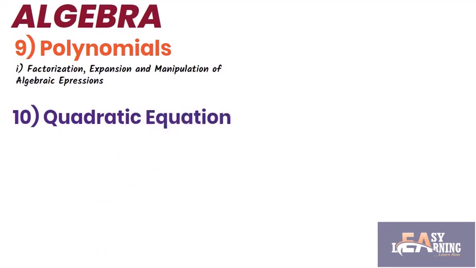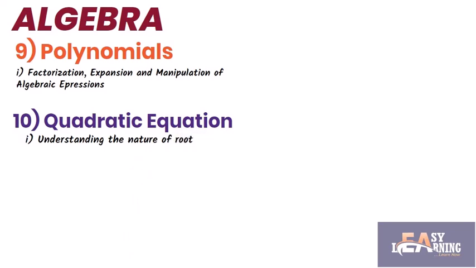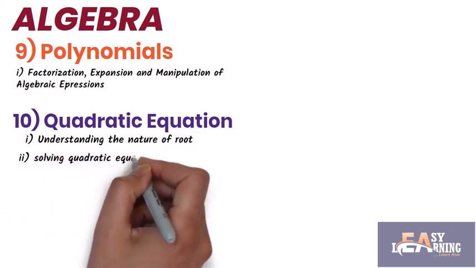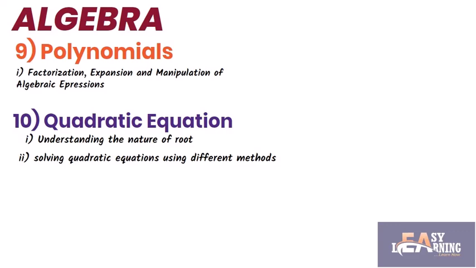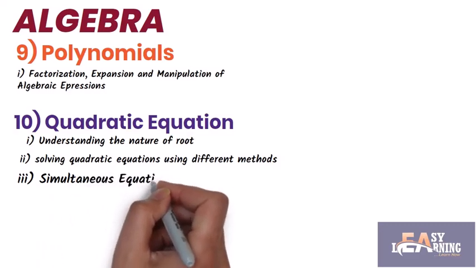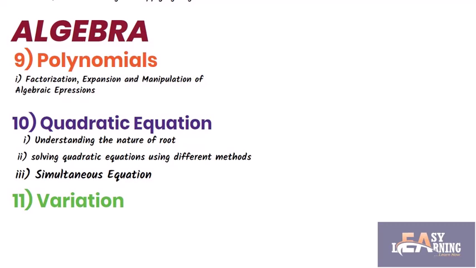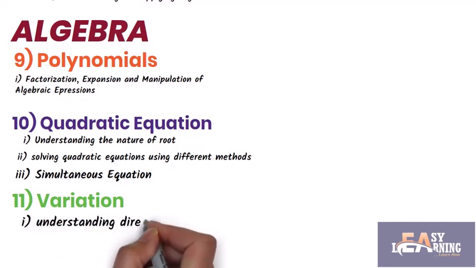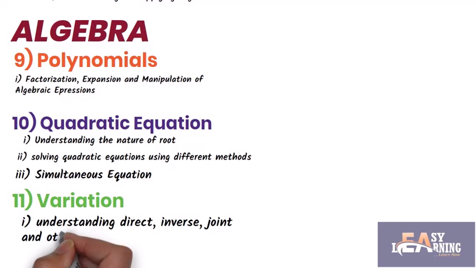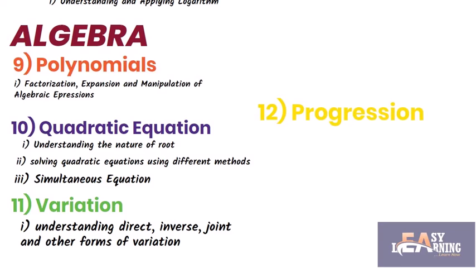Under quadratic equations, we look at understanding the nature of roots and different methods of solving quadratic equations, as well as simultaneous equations. We look at variations, trying to understand direct and inverse, then joint and other forms of variation.